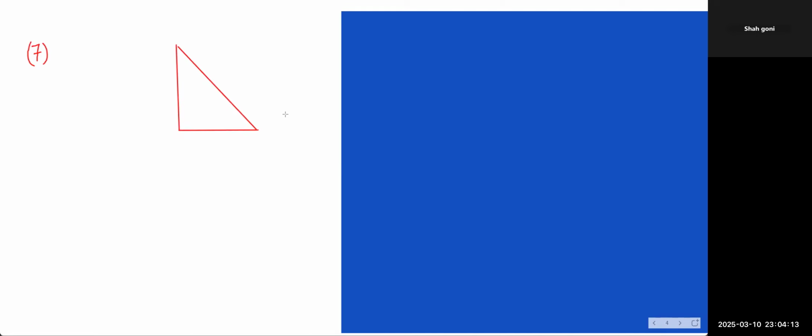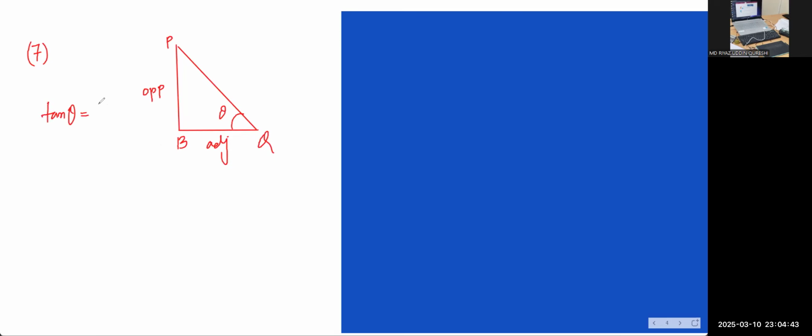Now the angle we have to find out. Angle must be measured in terms of tan theta only. Always angle should be measured in terms of tan theta. Sin and cos are also possible, but for the accurate answer we always use tan only. If this is theta, then definitely this side is the opposite side, and this is the adjacent side. Tan theta is opposite by adjacent.